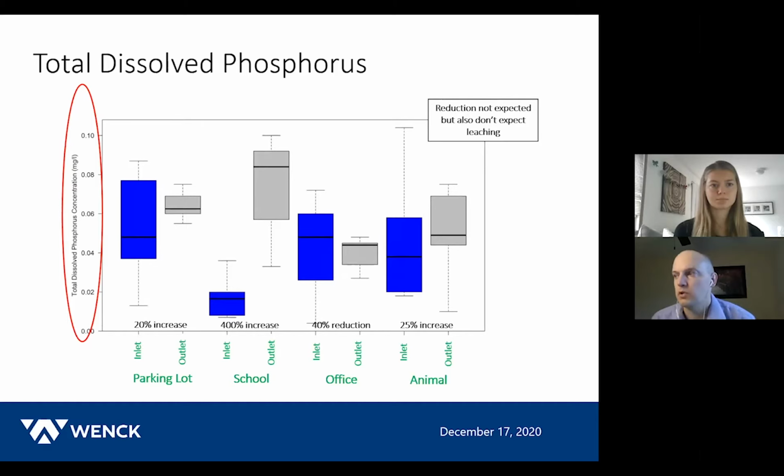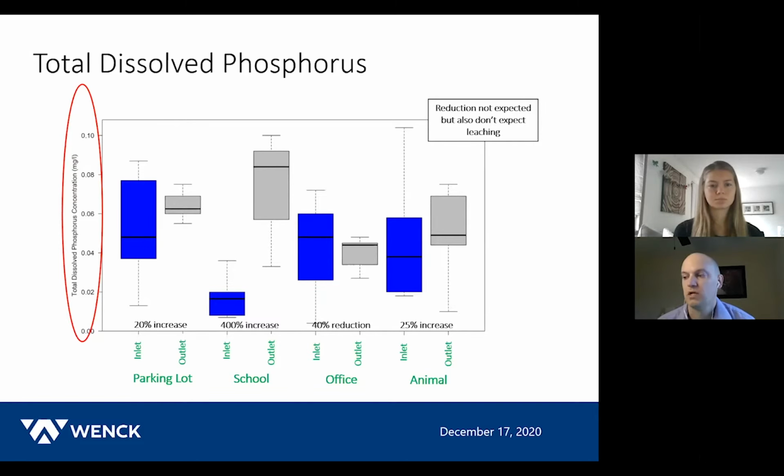We also looked at total dissolved and then orthophosphate. We'll go to total dissolved phosphorus first. Both of these constituents, we would not expect any level of removal or reduction from sand filters. This dissolved material should pass through the voids within the sand.